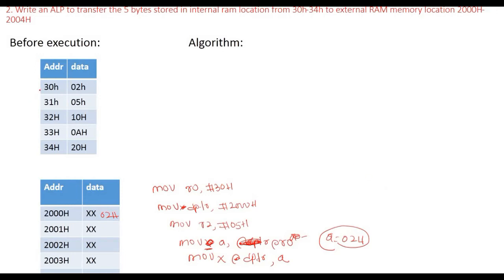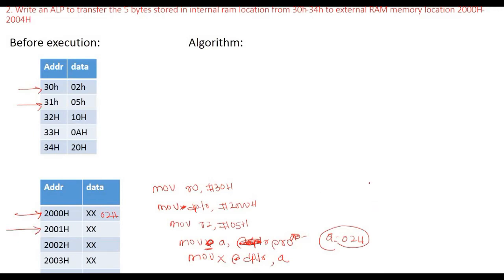At present the source pointer is in 30H and the destination pointer is in 2000H, but our next data is present in 31H and that data needs to be transferred into 2001H. So the data pointer needs to be incremented to 31H, similarly to 2001H.